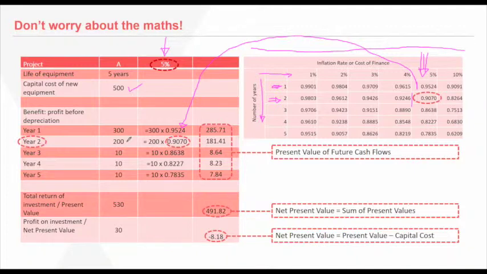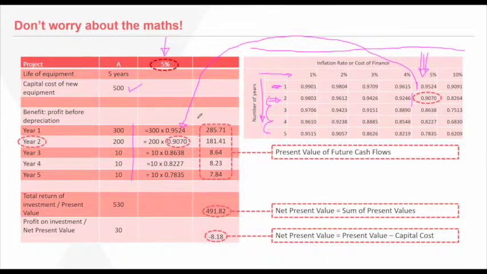And what we see is that £200 2 years away is actually worth £181.41 today. And we go through this exercise for all our future cash flows, moving down a row each time to pick up the appropriate discount factor given how many years into the future our cash flow is occurring.